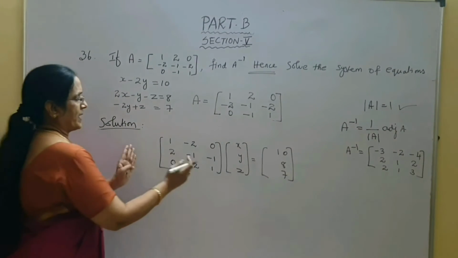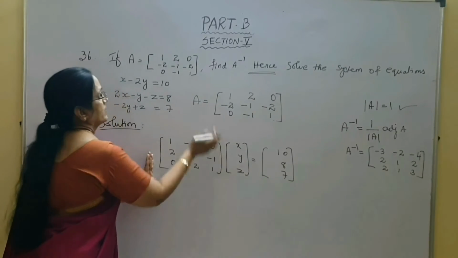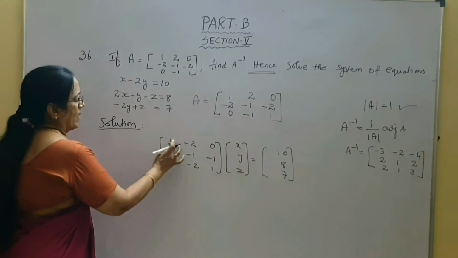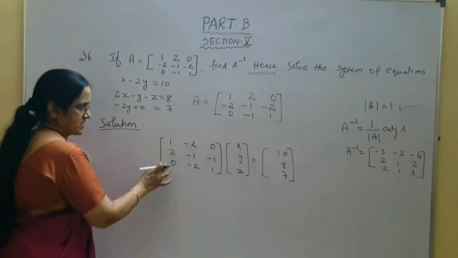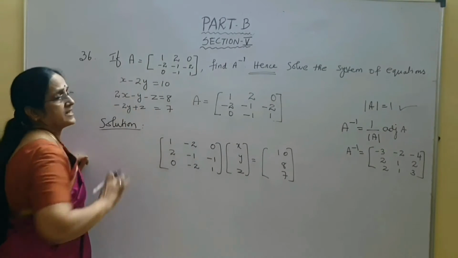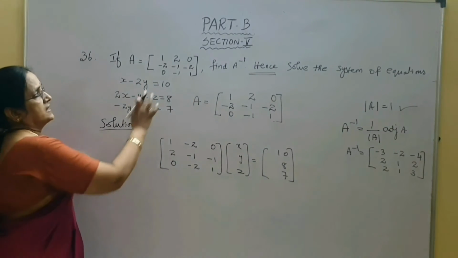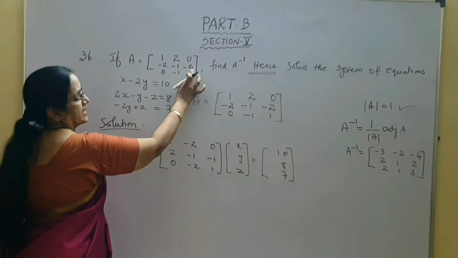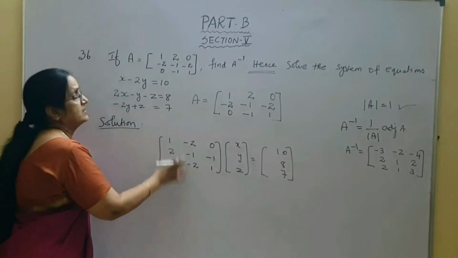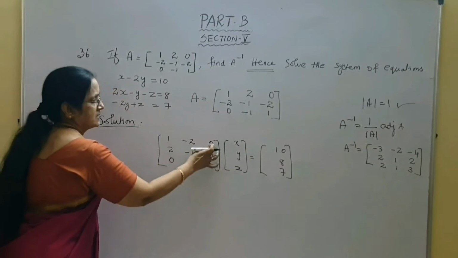Now, you compare this matrix with the given matrix A. See here, 1, 2, 0, which is the first column, is the first row in the given matrix A. The second row in the given matrix is the second column here. Third row is the third column.